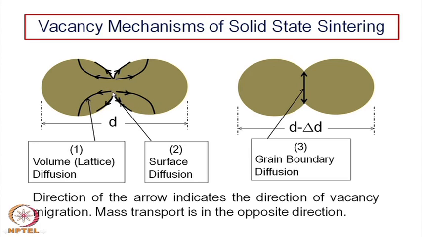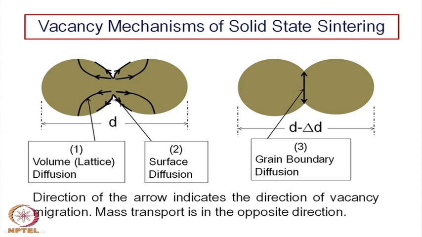So, from this region the vacancies have to move out. Vacancies moving out means a void is created, and that void will be filled up by the materials or the atoms from the surroundings.